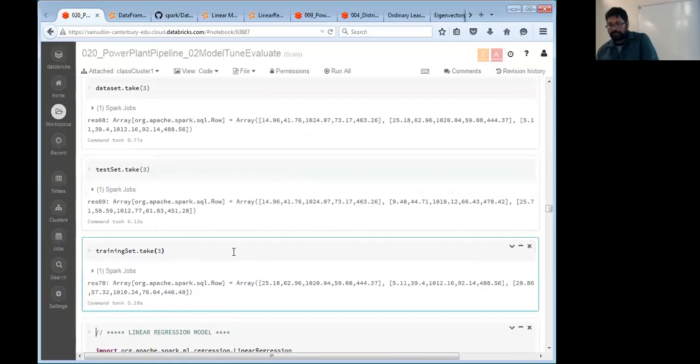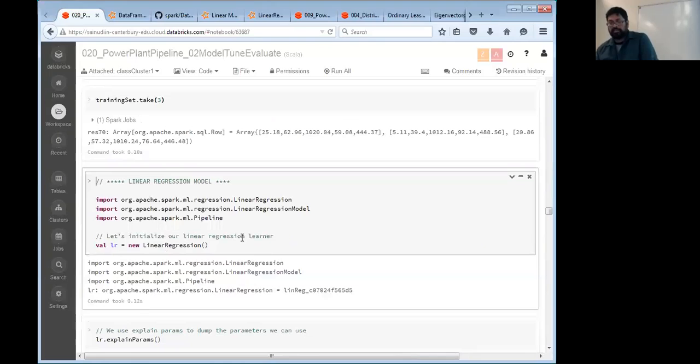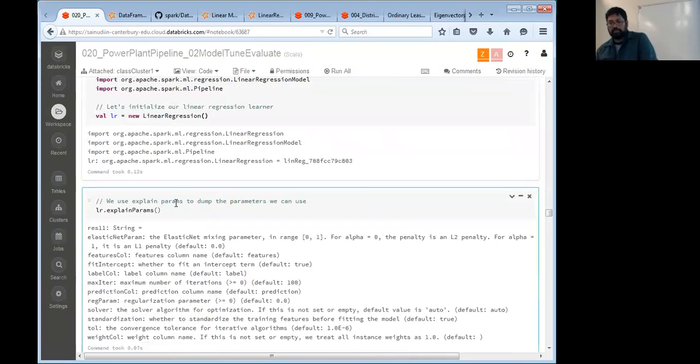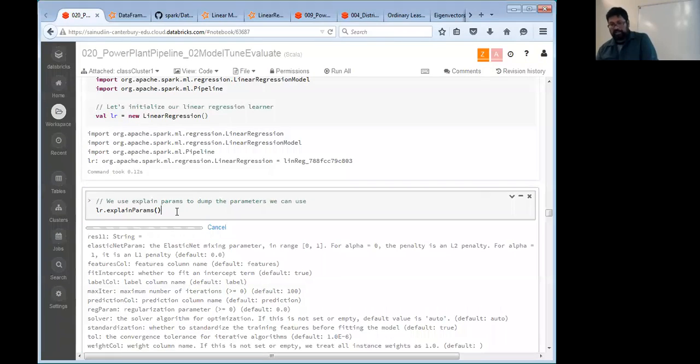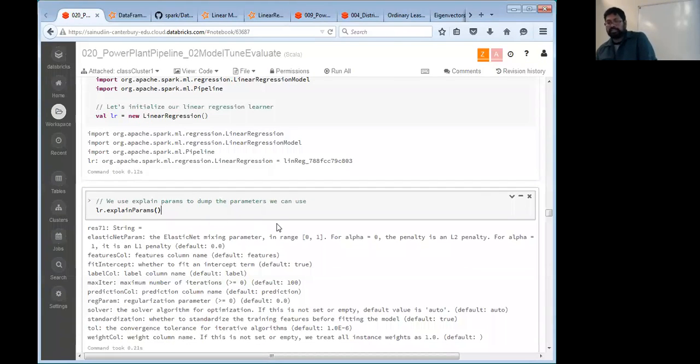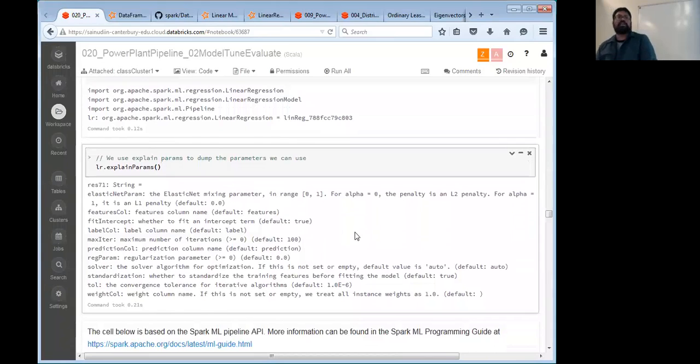Now here's my linear regression model. I import LinearRegression and Pipeline, and then I have a val lr, which is a new LinearRegression. Now what I'm going to do is lr.explainParams. This gives me all the parameters that are set right now. If you ask what the linear regression model is doing, this is one way to find out without going crazy too quickly.